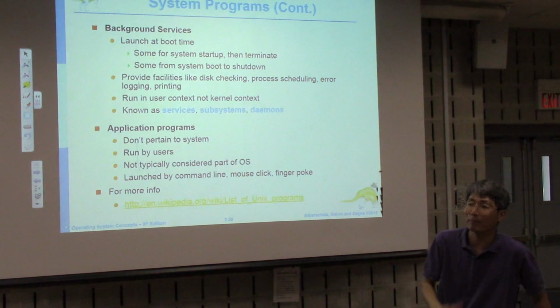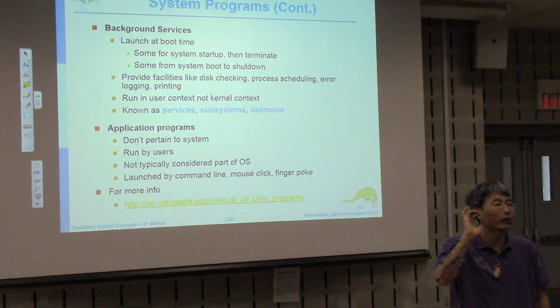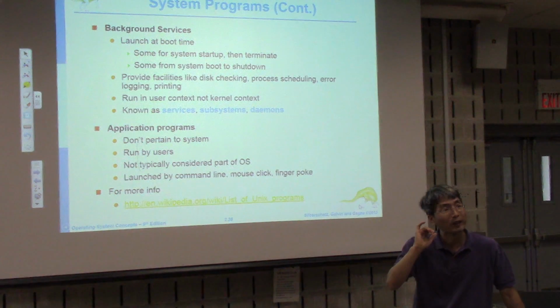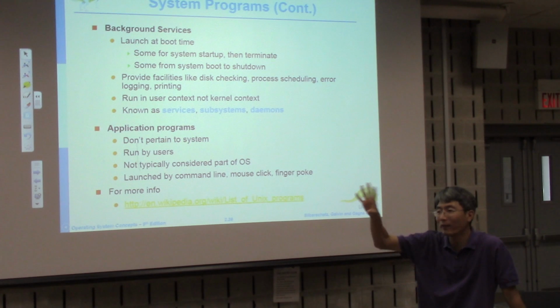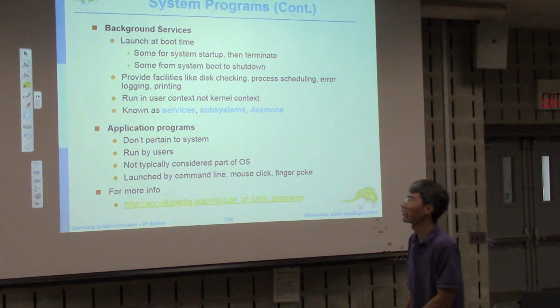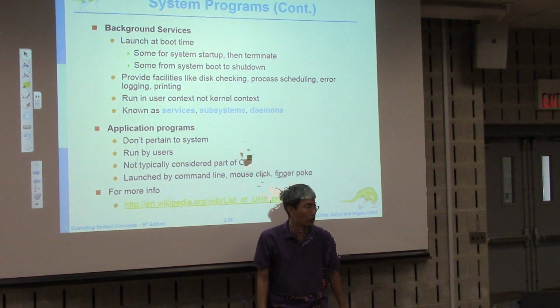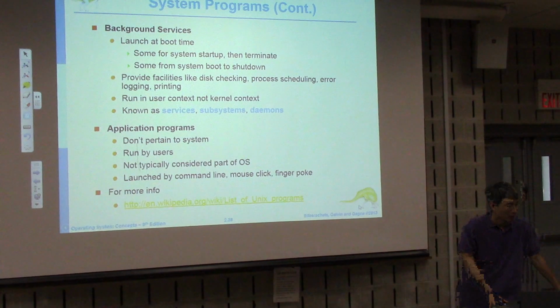So I create that program using some network programming, or you can use Ruby or Perl to request a website and analyze it to get the stock price. Then you can register it as a system background service.